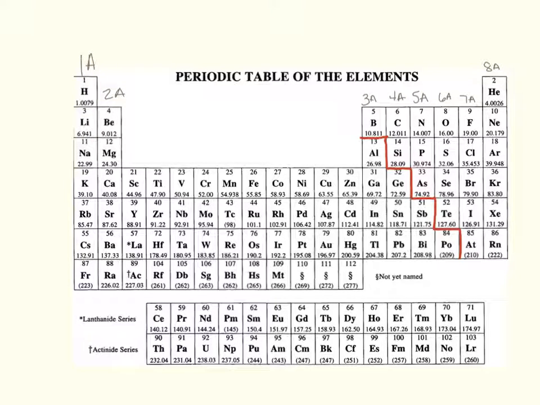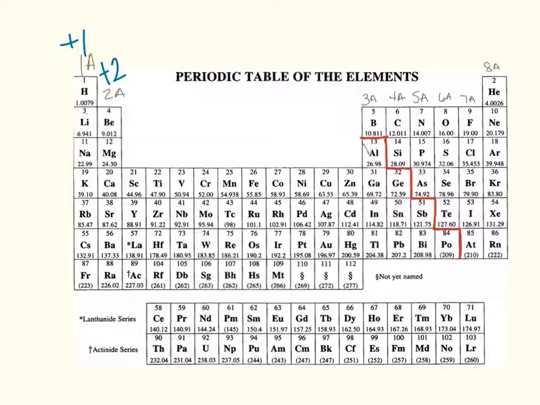So as we look through the periodic table with these main group elements, remember we looked at lithium, and then we looked at magnesium, and we looked at oxygen and phosphorus. So group 1A elements are going to have a +1 charge. And group 2A elements are going to have a +2 charge.